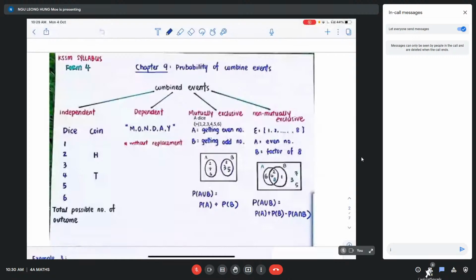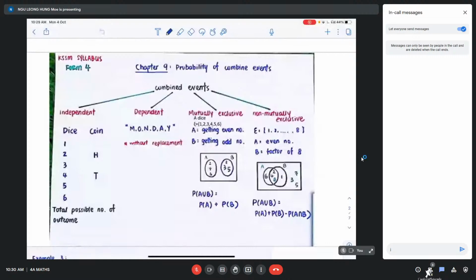Okay. Let's say for the mutually exclusive, if we have a dice, we will have number 1 until number 6, right?